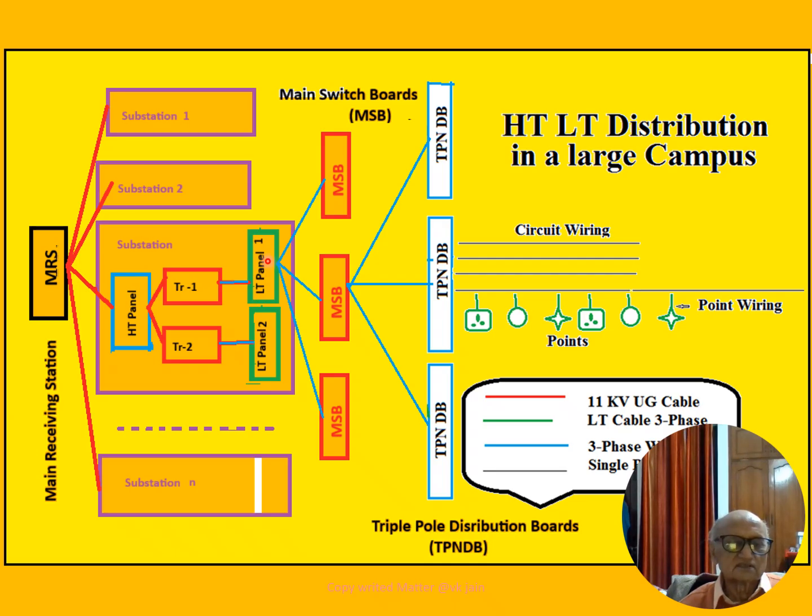Then the LT panel takes power from a transformer, and the transformer gets connected to the ST panel, and to the ST panel the electric supply comes from the main receiving station. So this is in a nutshell one system, and this is my copyright, remember.